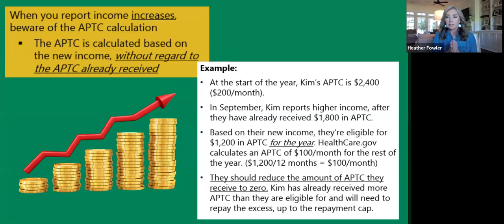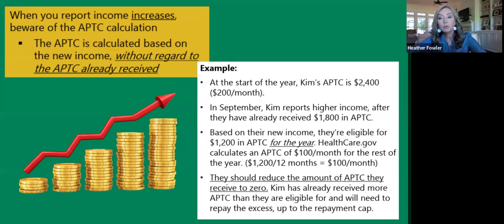Okay. So at the start of the year, Kim's tax credit is $2,400 for the whole year. Like January 1, she was going to get $200 a month based on the income that you put in. Right. Well, in September, Kim calls you. She says, hey, I've gotten a raise.